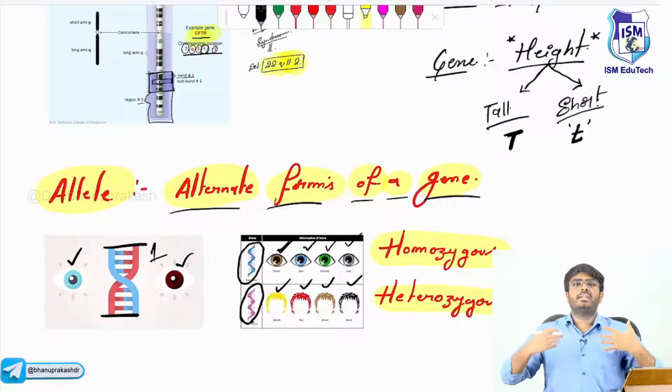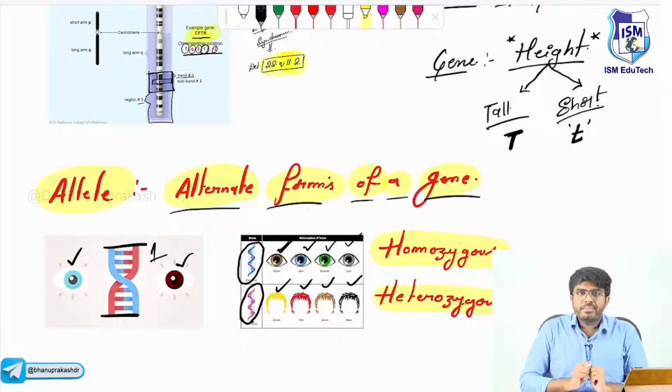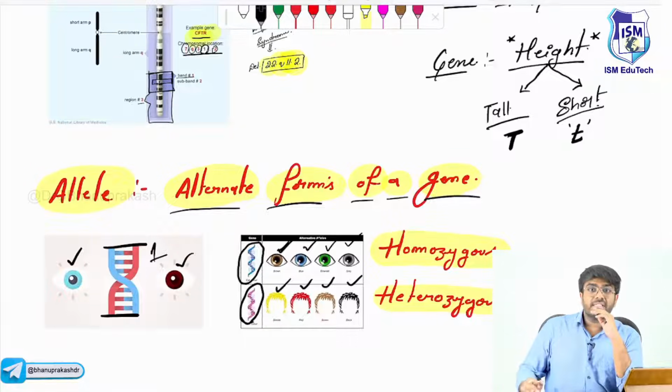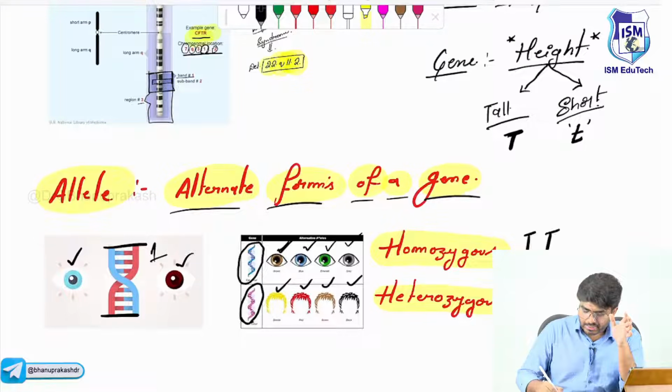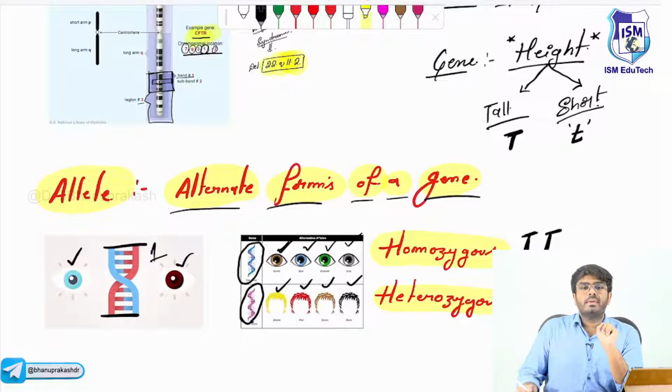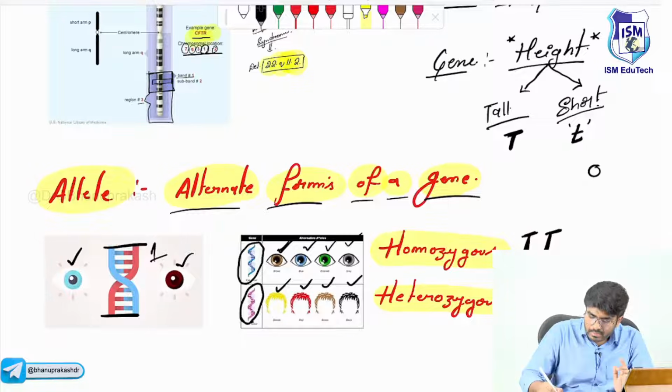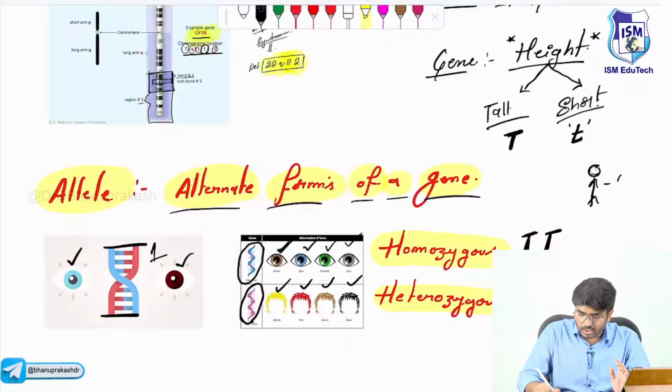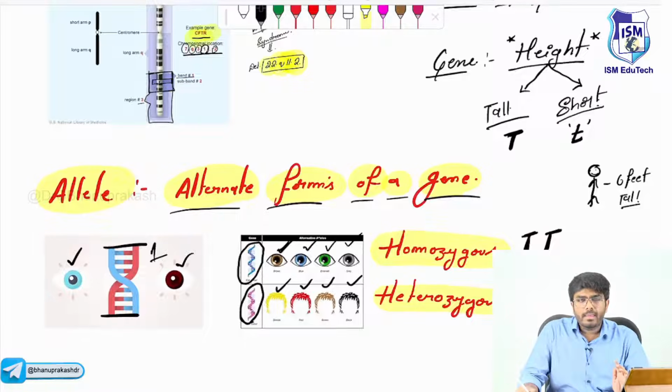So what is homozygous? Imagine there is a person who is 6 feet tall, and he is having capital T and capital T. What does this mean by capital T, sir? Now this individual, this guy who is 6 feet tall, is having this height gene. How many copies of this height gene can be present in him?